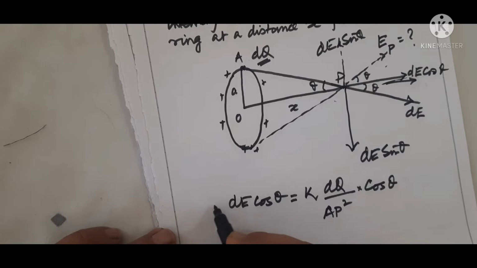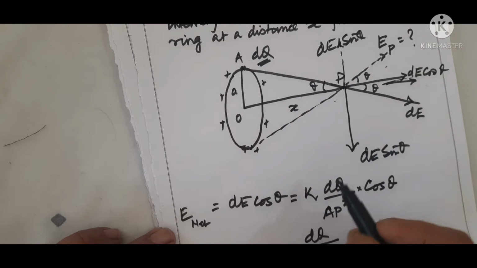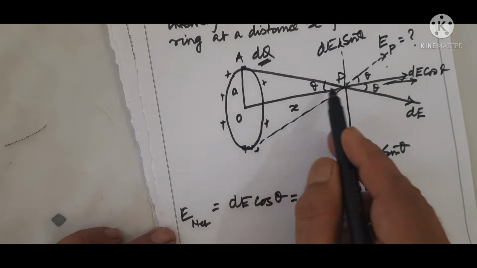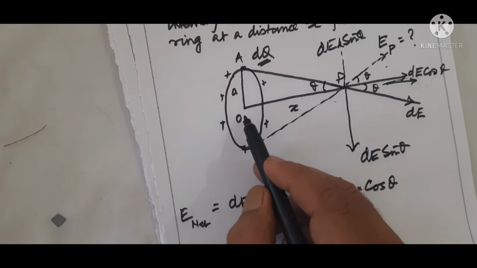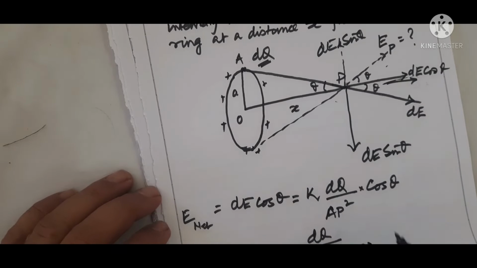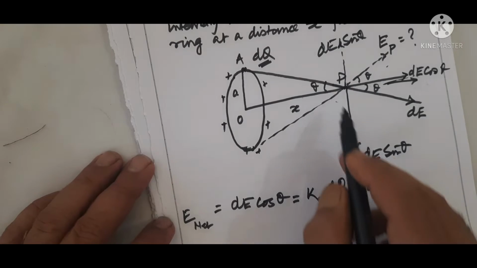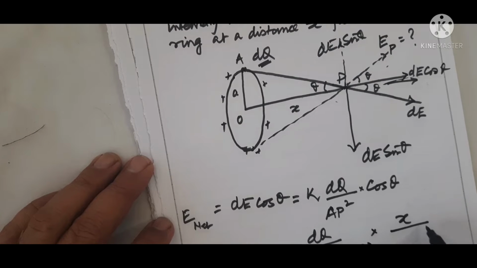So ultimately, k means 1 by 4 pi epsilon naught, dq by AP square. AP square we can write as a square plus x square. In this right triangle, hypotenuse square is equal to base square plus perpendicular square. So AP square is this, into cos theta. Cos theta means base by hypotenuse, so we can write x by h, where h is a square plus x square whole to the power half.